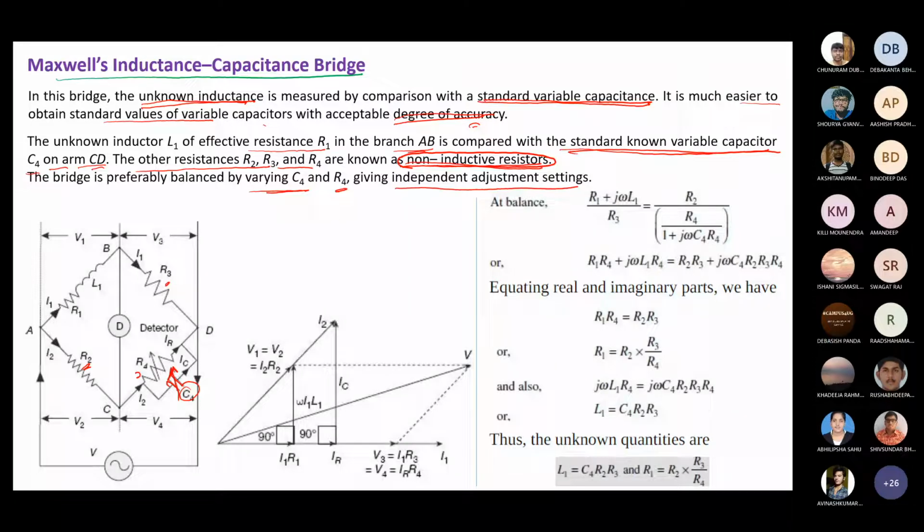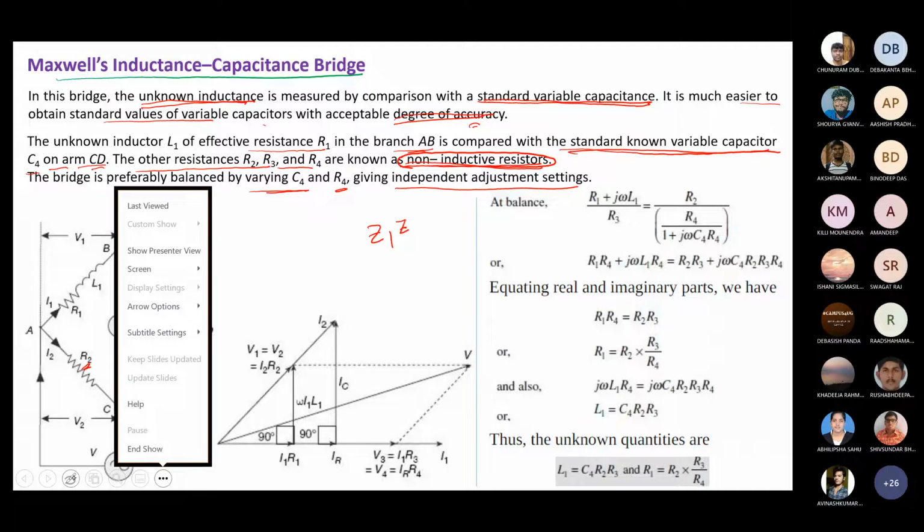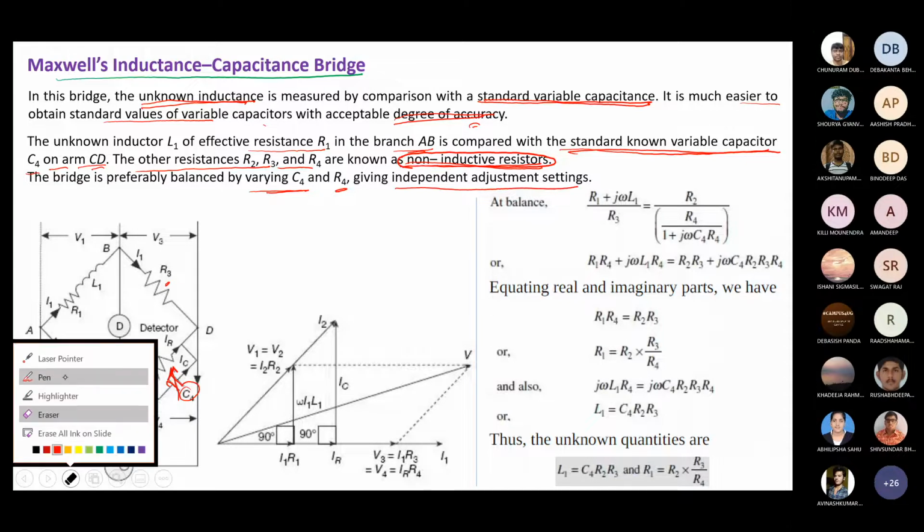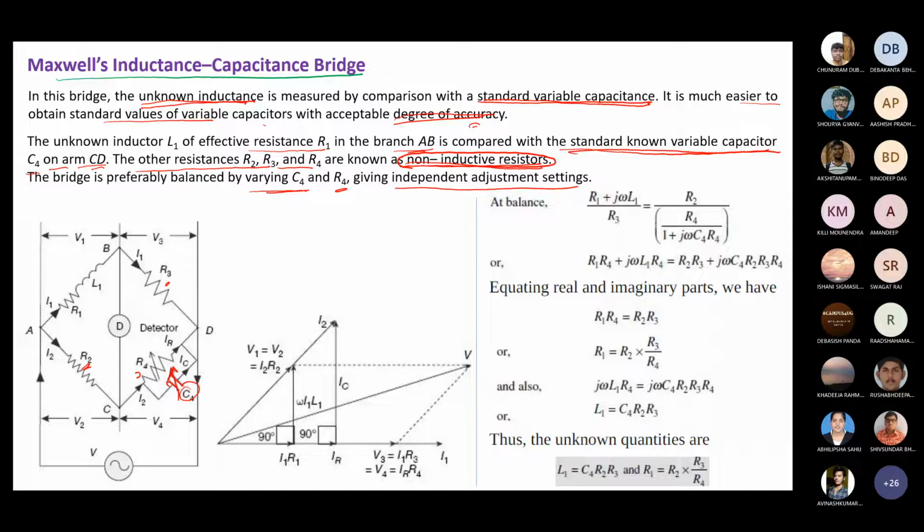As simple as that. You know the basic thing: Z1 Z4 equal to Z2 Z3, or Z1 by Z2 equal to Z3 by Z4. What is your Z1?